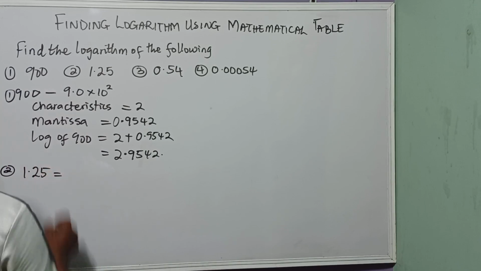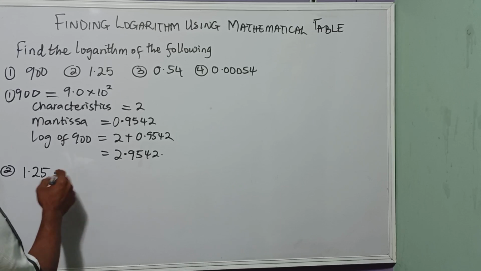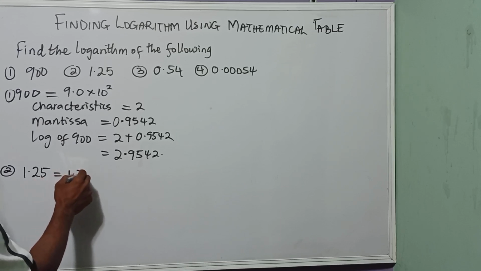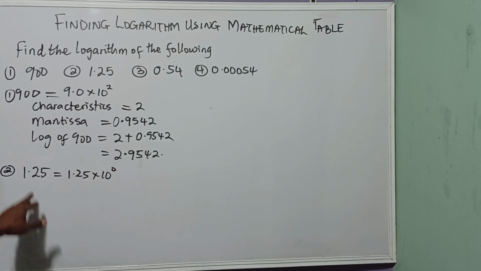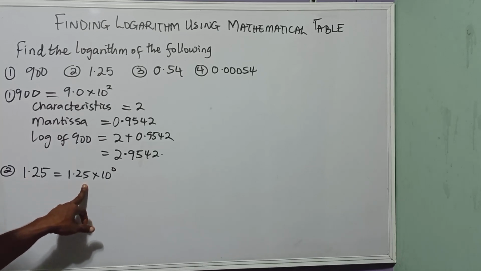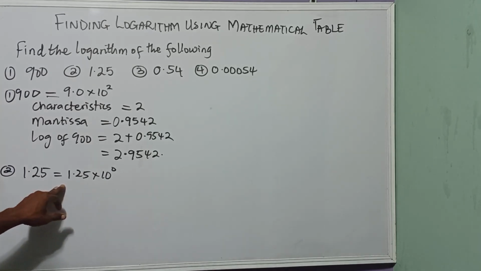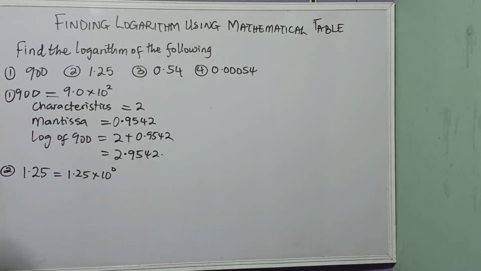Now looking at our second question, which says 1.25. Putting it in standard form, we have it as 1.25 times 10 raised power 0. Now why is it 0? Because our point is already between the first and second non-zero digits of our number. So it's not moving, it's not going anywhere.